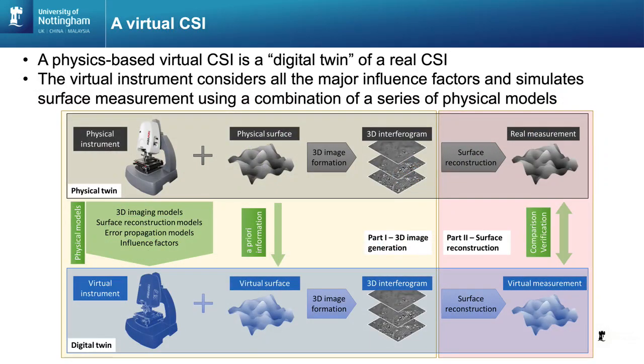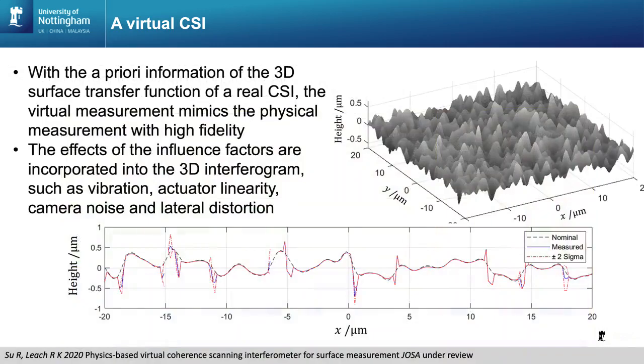We've set that up. It's effectively a digital twin of a coherent scanning interferometer, and we then model all the various influence factors, and we can then propagate those through the virtual instrument. So here is an example surface. We use the approximate measurement as the input to the virtual instrument.